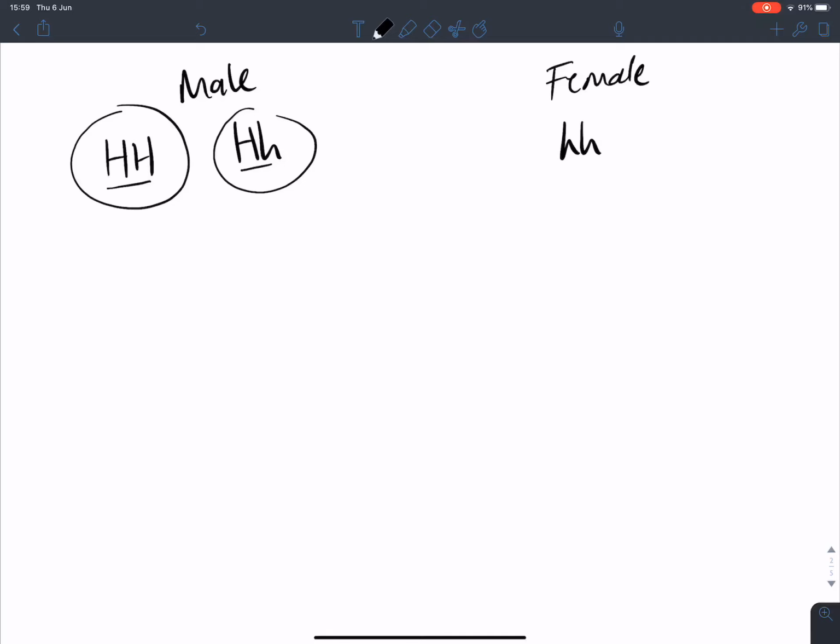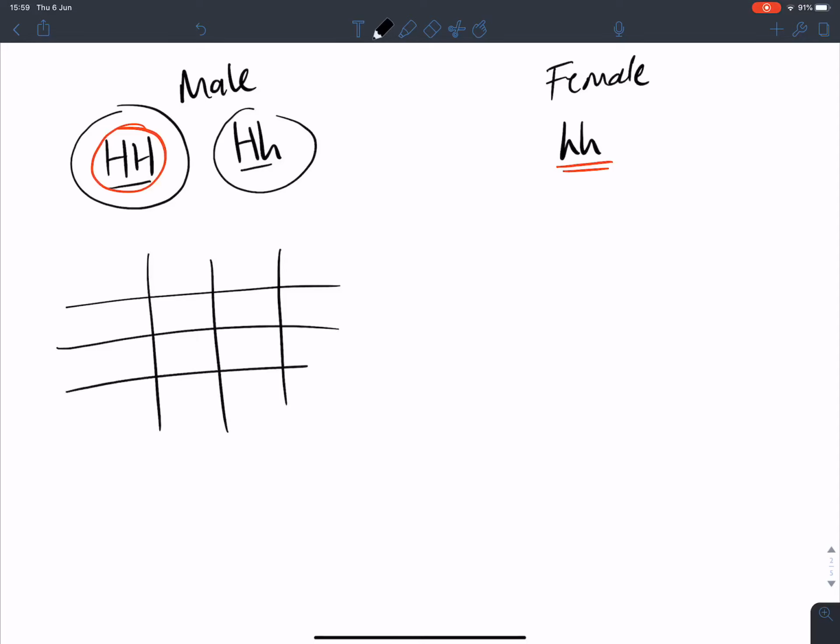So what we can do is set up 2 scenarios. Let's suppose that the male was homozygous dominant. Of course, the female is going to be the same, little h little h. So what would the children be like? We can quickly make a Punnett square. The way we do that is the following. For the male, it's going to be big H, big H. Female is little h, little h.